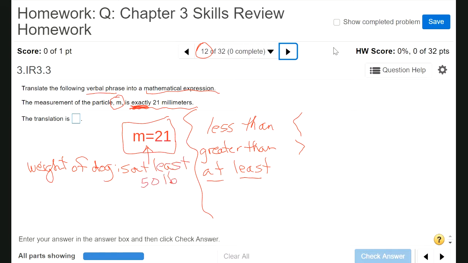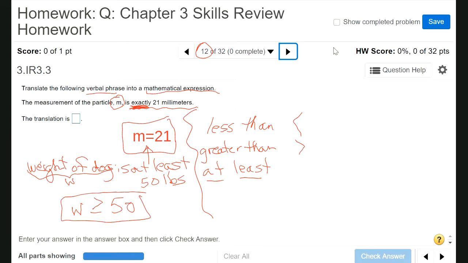And they might tell you what variable to use. Maybe they say use a W for weight of the dog. So the way you would write an expression for that, at least, now when I read that to you, you know what I mean. I mean that dog weighs 50 pounds or more. But 50 would be included. So the correct symbol would be greater than or equal to 50. And that's what that would be.